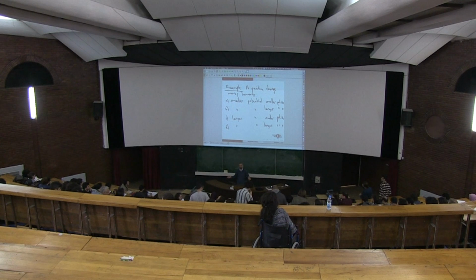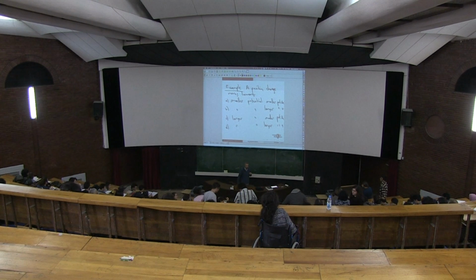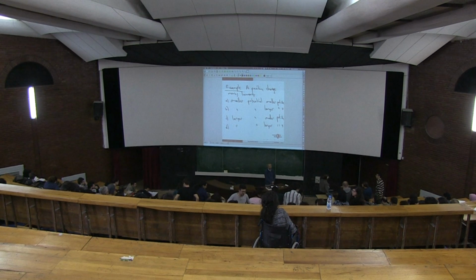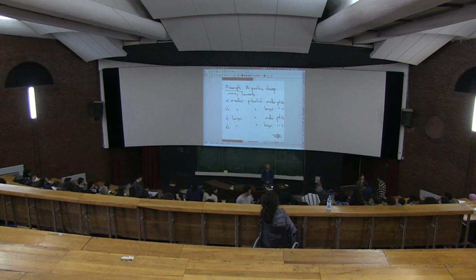There are, of course, other charges in the universe which are creating this non-uniform potential distribution. For example, you can assume that it's a proton. You have a free proton somewhere over here.